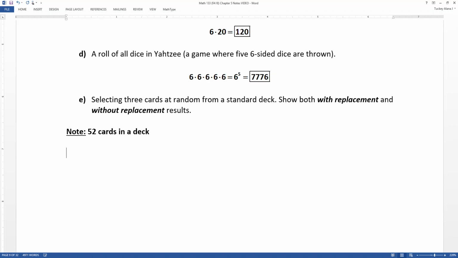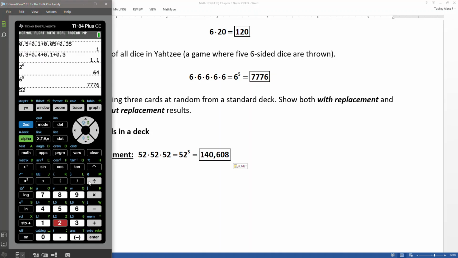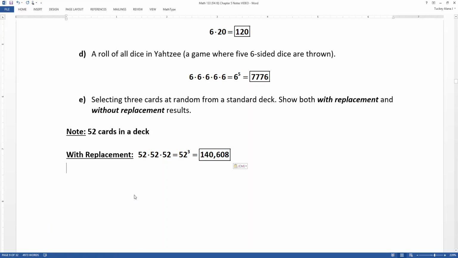If you're sampling with replacement, there's 52 for the first card, 52 for the next card, 52 for the next card, which would be 52 to the third, which would be 140,608. Again, I can prove it to you. 52 to the third. See?